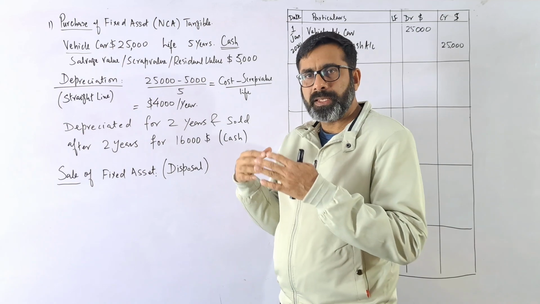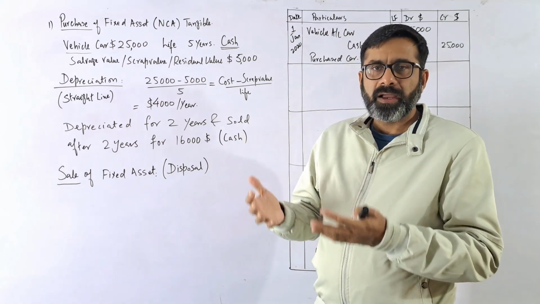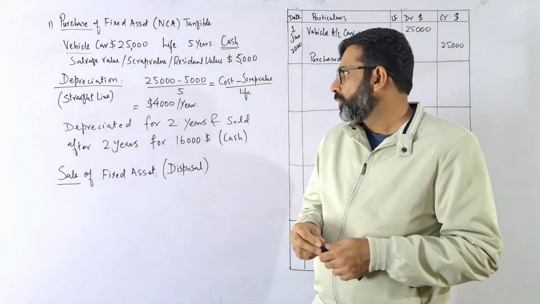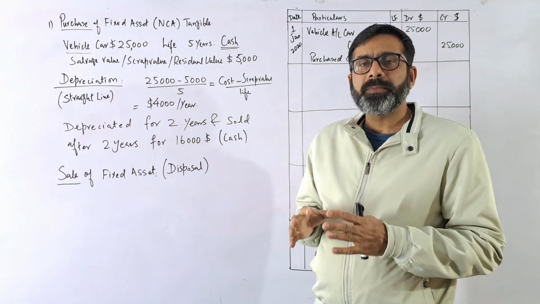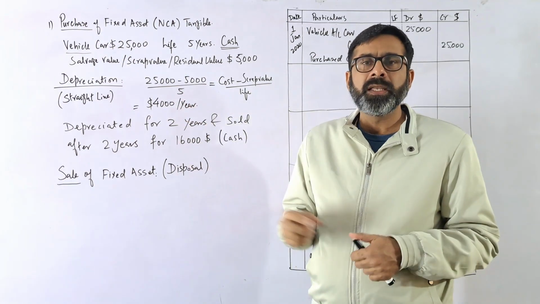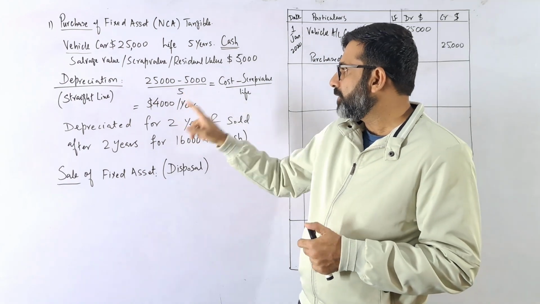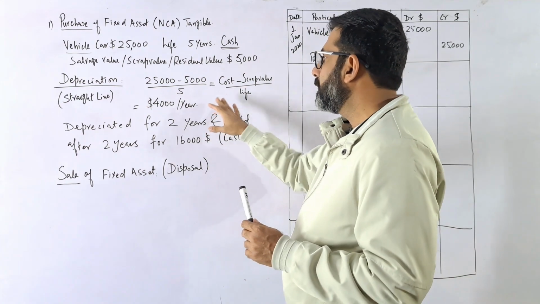It means that $25,000 we are paying now, but $5,000 we will recover at the end when it is sold. So the total amount to be expensed is almost $20,000, divided by 5, which is $4,000. This is the depreciation per year.